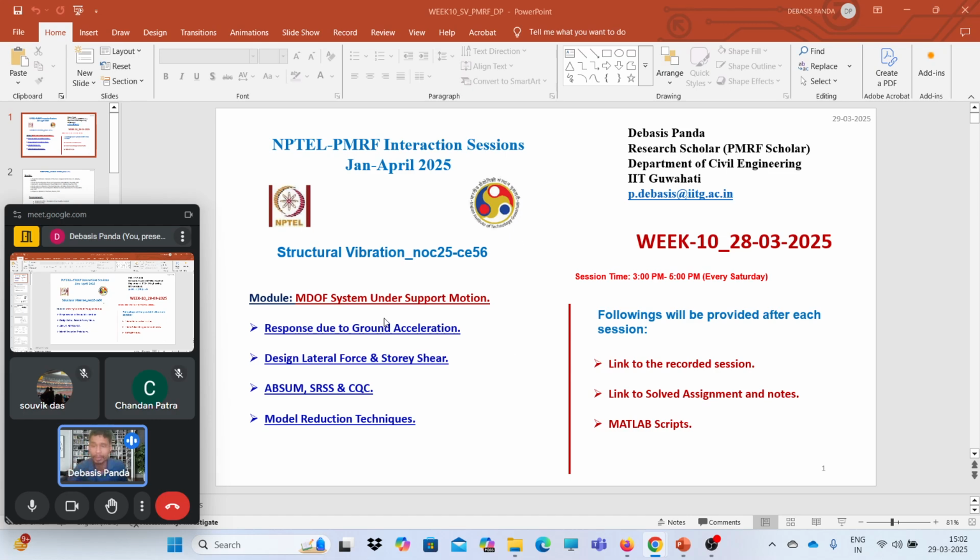So first, we will go through how we can solve the response of a MDF system due to ground acceleration, and then we will solve one problem on pen and paper. Then we will solve a similar kind of problem using MATLAB, where we will use Duhamel integral as well as Wilson theta or Newmark beta, whatever numerical technique to solve the modal responses, and then we will try to calculate the design lateral forces and Storey shears, and solve some examples of how we can use the modal combination rules.